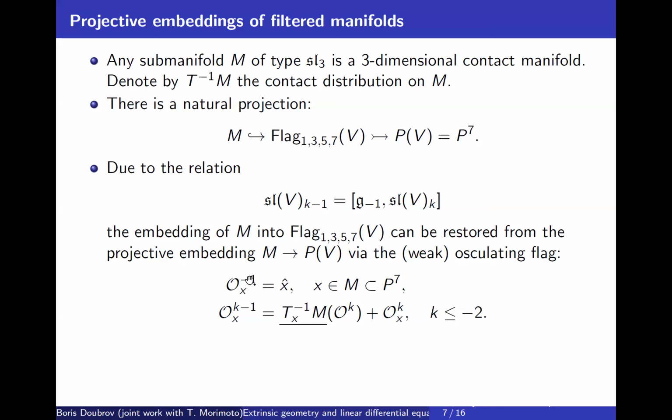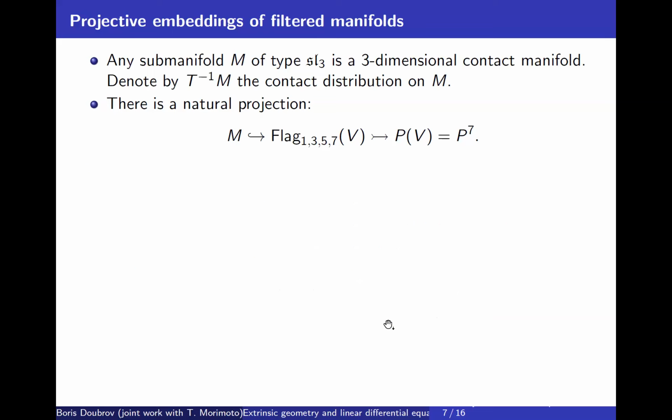So we define the minus first osculating space to be the affine space associated with the point x itself, so it's a line in V. Then iteratively, we define a sequence of osculating spaces by differentiating what we've got so far, but only via contact directions. It will be like a weak osculating flag.